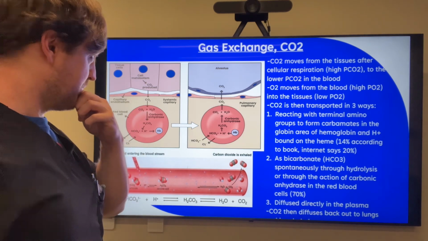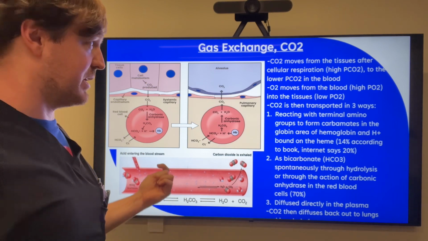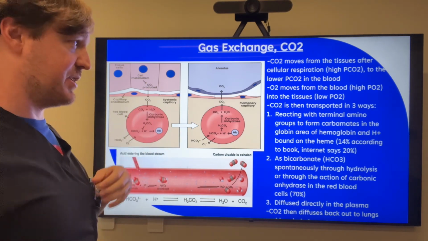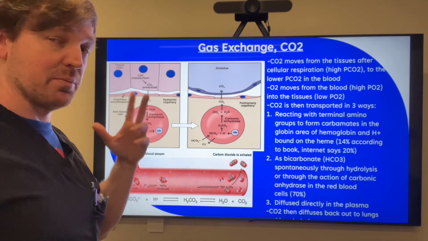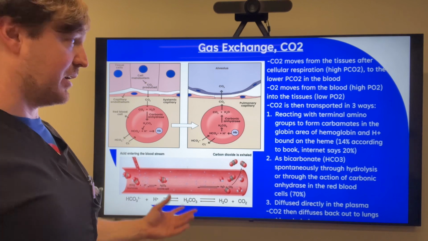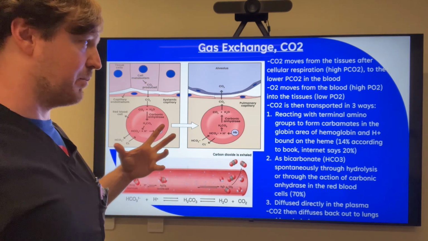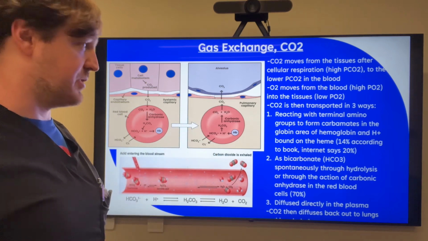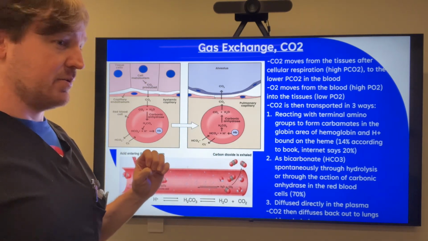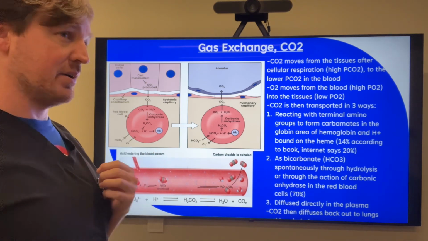So one way that CO2 binds to the hemoglobin is with the terminal amino groups. Remember those nitrogens, that's the globin part of the hemoglobin. And then once that O2 is off of that heme, the hydrogen ions bind to that heme, which makes red blood cells a little bit acidic, and then makes the blood a little bit acidic.